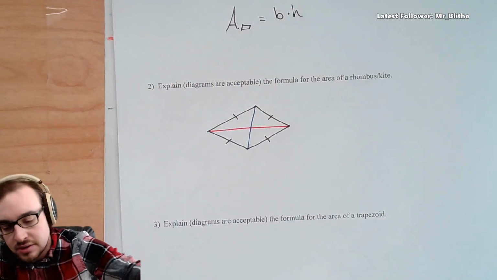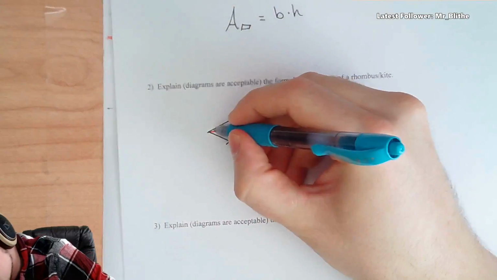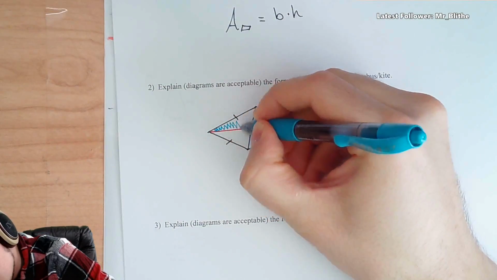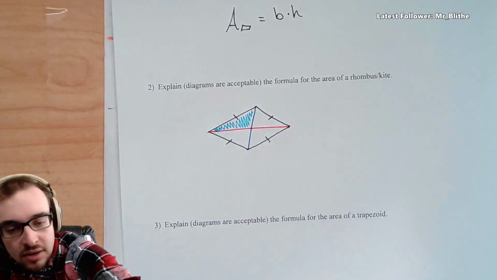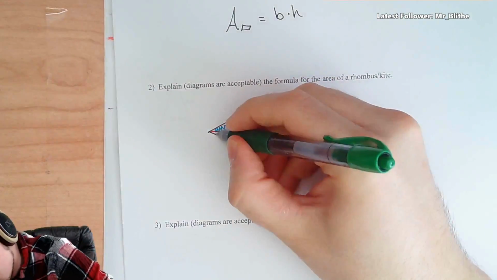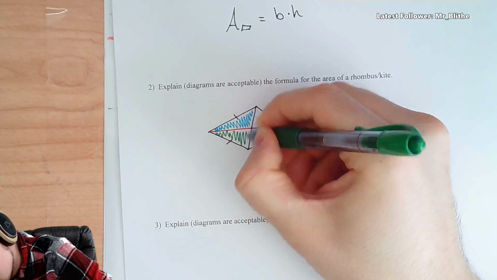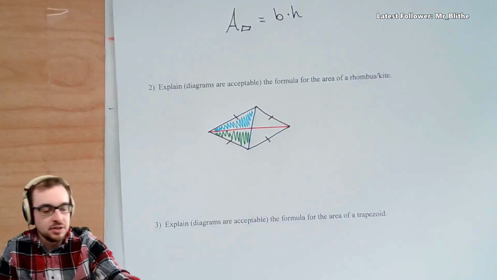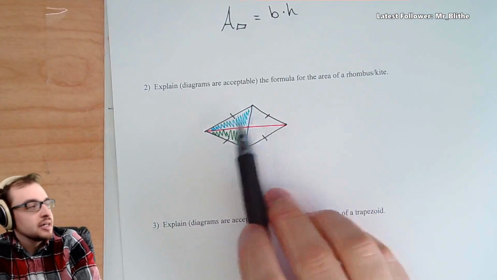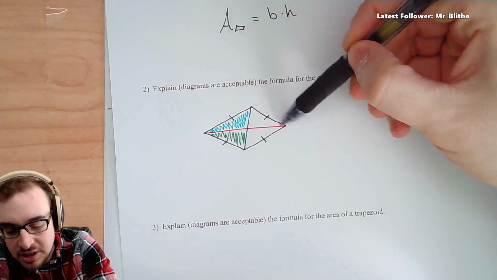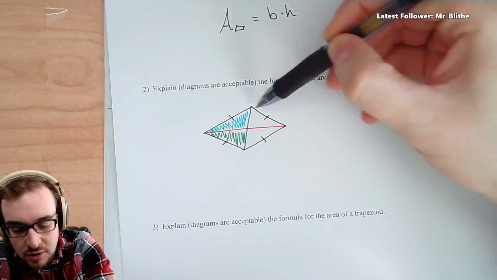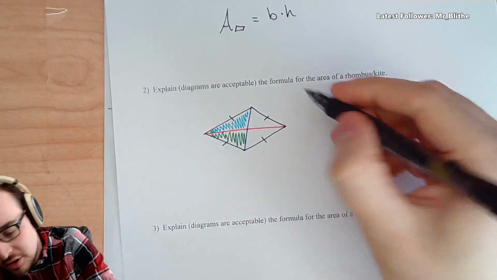So let's color this one in light blue, and color this one in maybe green. Basically I'm going to rotate these around and complete the other side. Because this is a kite, I know that this side and this side are the same length, so if I were to flip these over, they would line up perfectly over the top of each other.